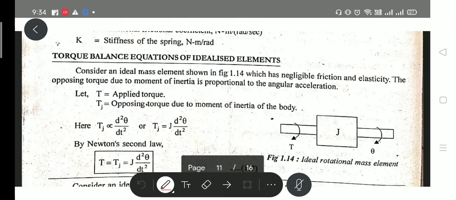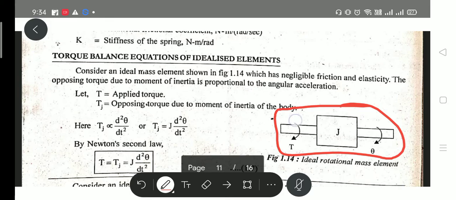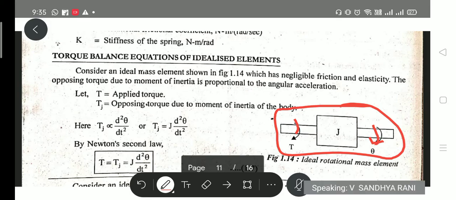This is the symbol for the moment of inertia, capital J. This is the torque applied by the moment of inertia, and the displacement theta. Here Tj is the torque opposing the moment of inertia of the body.